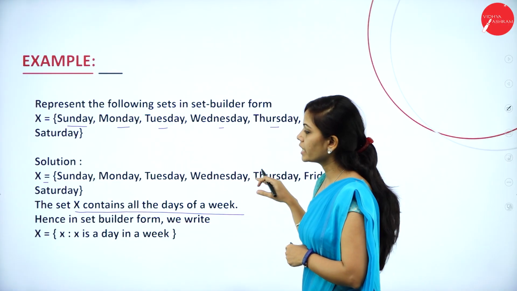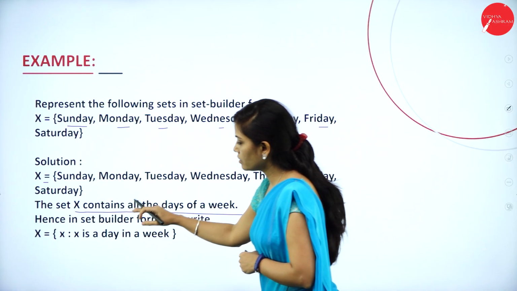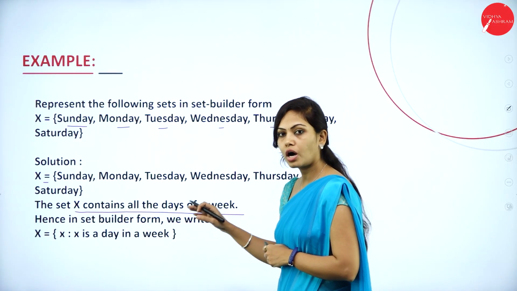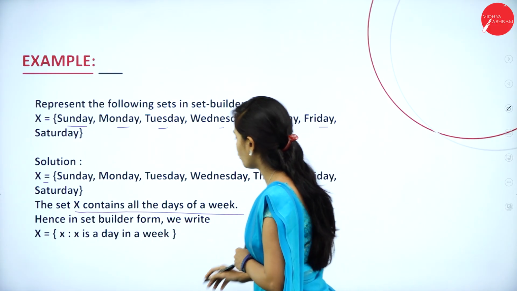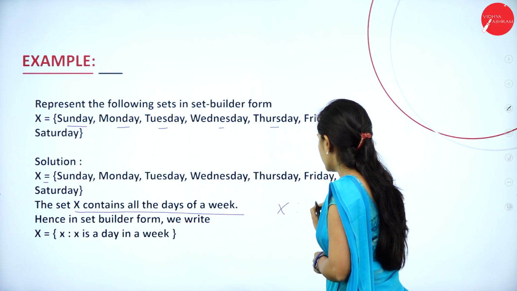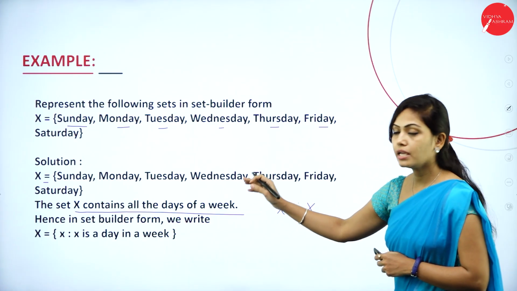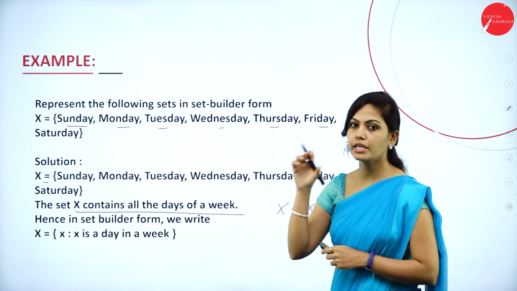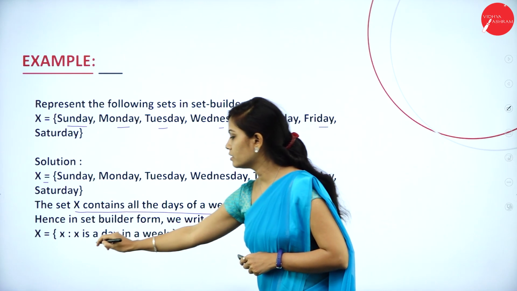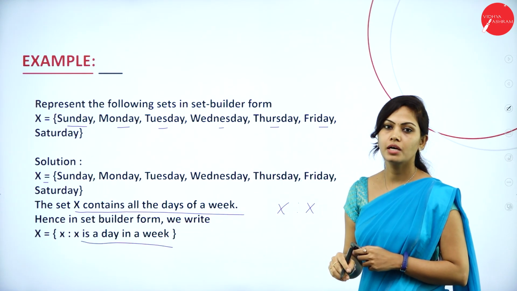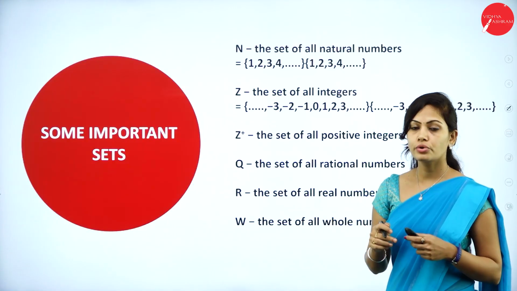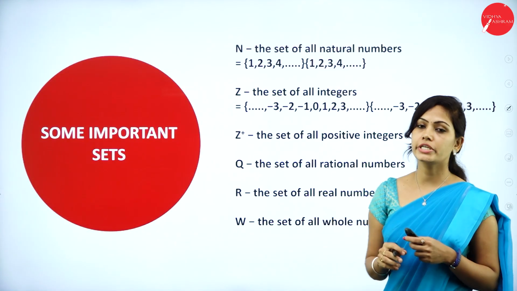So instead of listing the set elements, you can write X contains all the days of a week. How to write this in set builder form? X such that X is a day in a week. So in set builder form, instead of listing the elements, you can write the sentence. This is your example for set builder form. Next concept is some important sets.